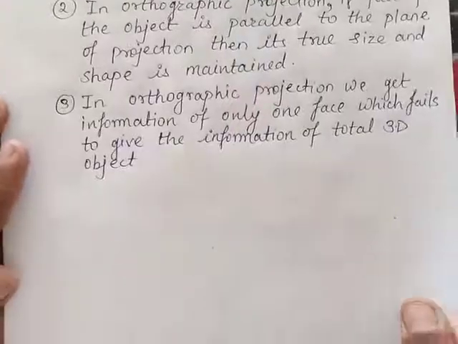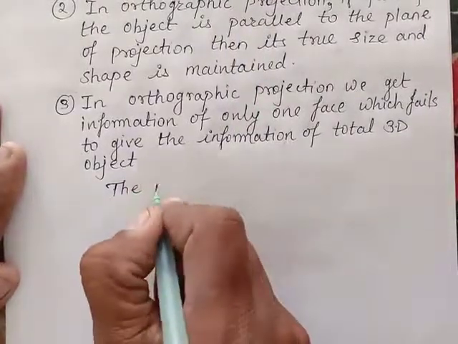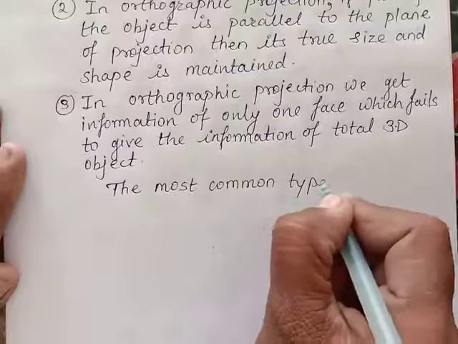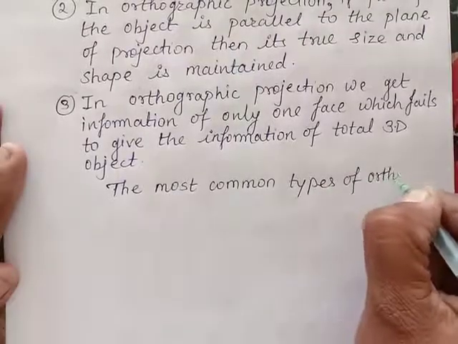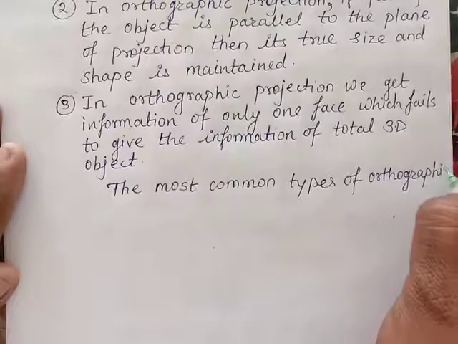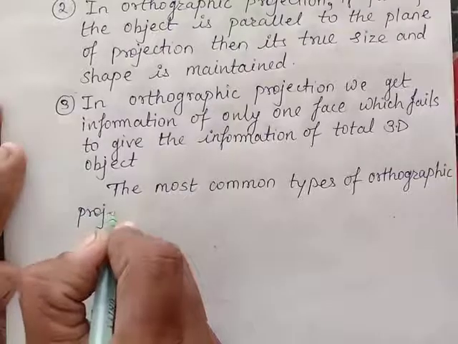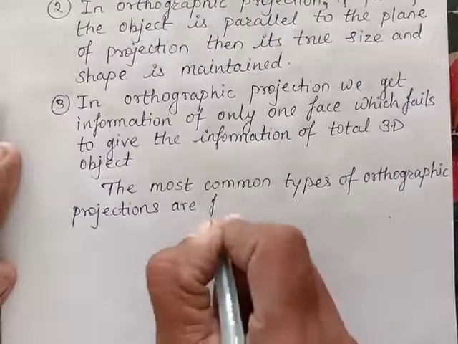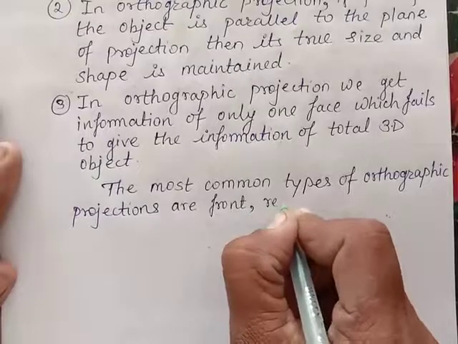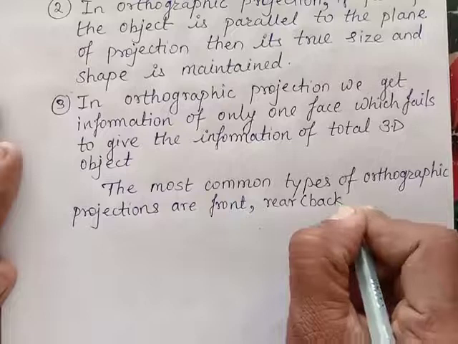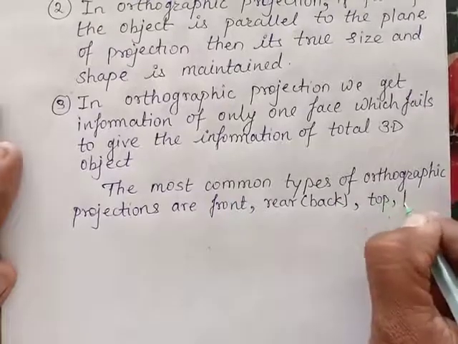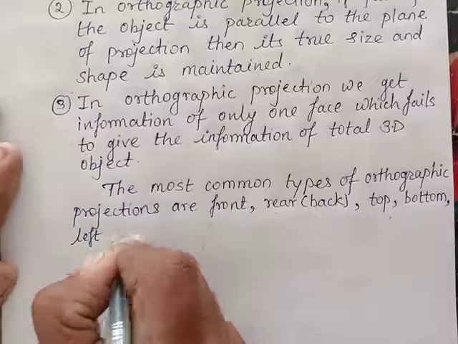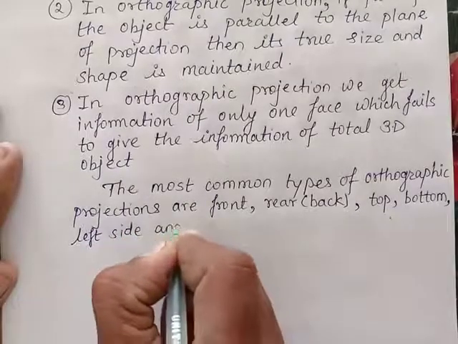The most common types of orthographic projections are front, rear, meaning back, top, bottom, left side and right side.